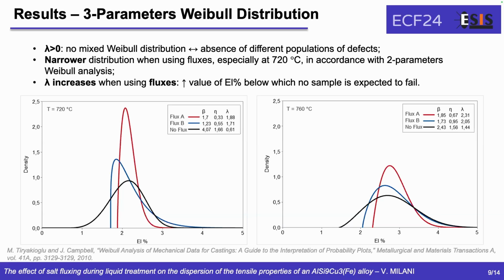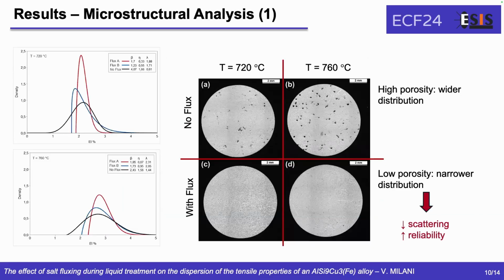So now how can we correlate the results from the Weibull analysis to the microstructure of our samples? Well, we can start at low magnification levels. If we observe this micrograph, we can see that when no fluxes are used, so these two micrographs here, there is high porosity in the samples, which is translated into a wider distribution in the Weibull analysis.